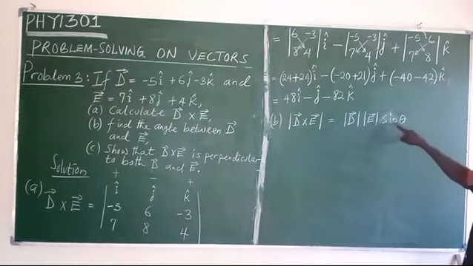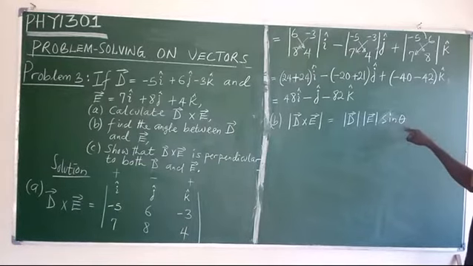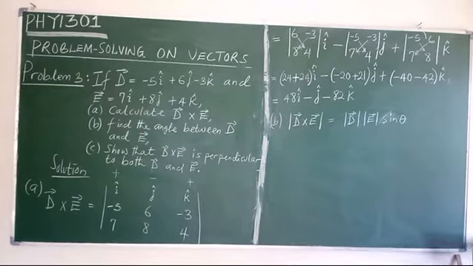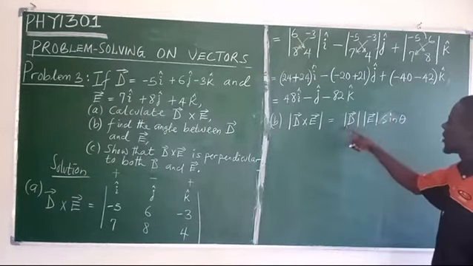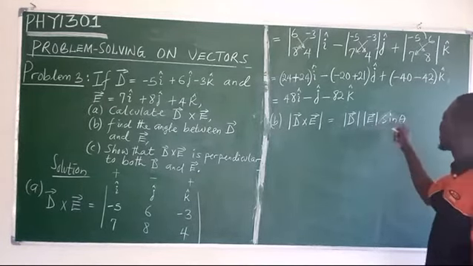From here, I can make sine theta the subject of the formula. So how do I do that? I will divide both sides by magnitude of D and magnitude of E.